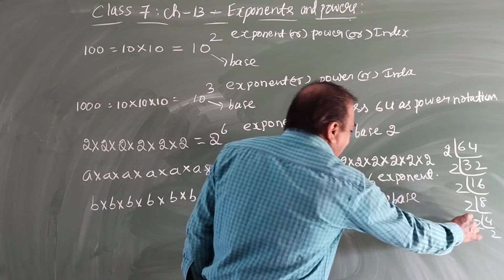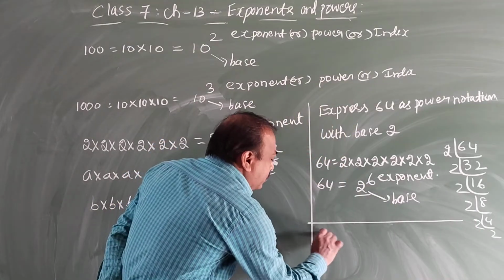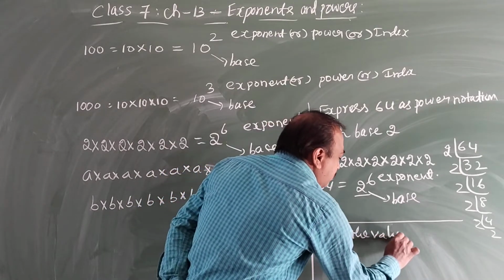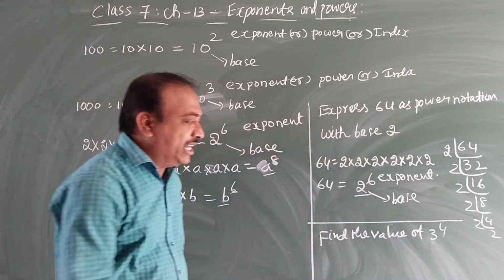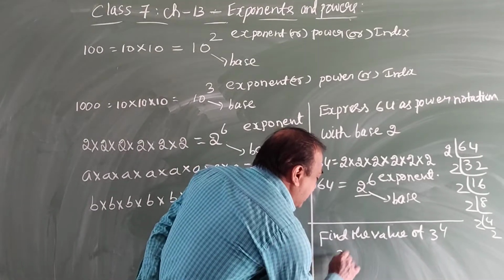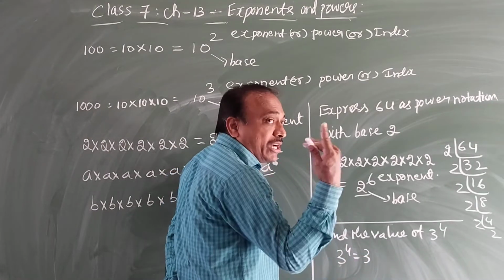Next, sometimes they will ask, find the value of 3 to the power 4. Then 3 to the power 4 is equal to, how many times is 3 repeatedly multiplied? 4 times.